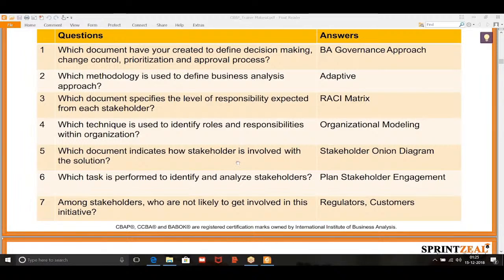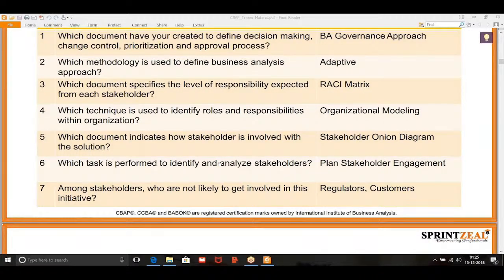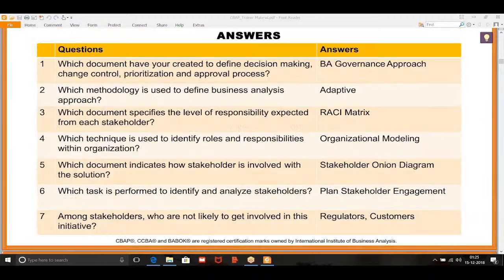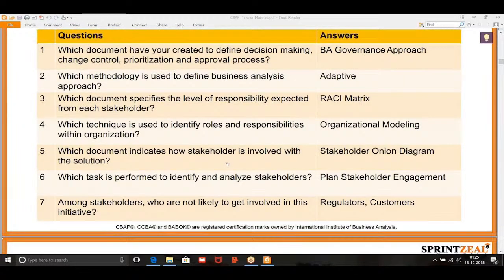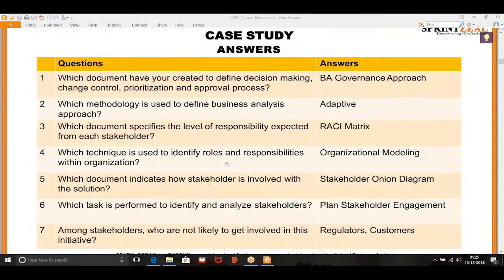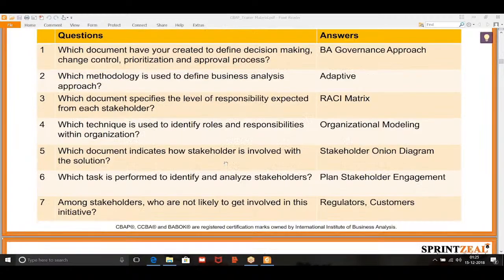Once you read the BABOK, you would be able to differentiate between these items. And once you start appearing for the online questions, you would appreciate the small differences between options. Now, the course doesn't come with a workshop book, right?